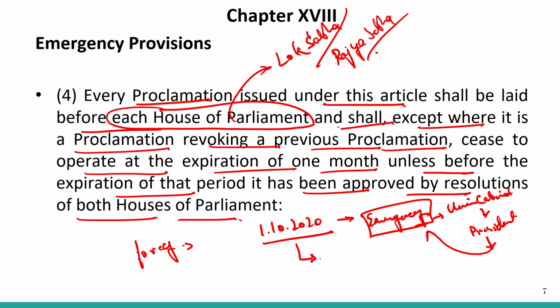Now, after that, each proclamation issued under this article shall be laid before each house of the parliament, and shall, except where it is a proclamation revoking a previous proclamation, cease to operate at the expiration of 1 month, unless before expiration of that period it has been approved by the resolution of both the houses. It will be presented into the Lok Sabha, that is the lower house, and the upper house, that is Rajya Sabha.